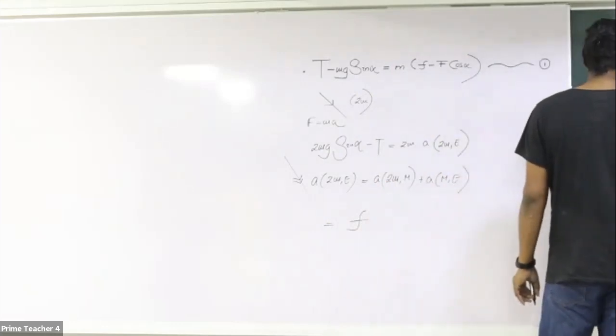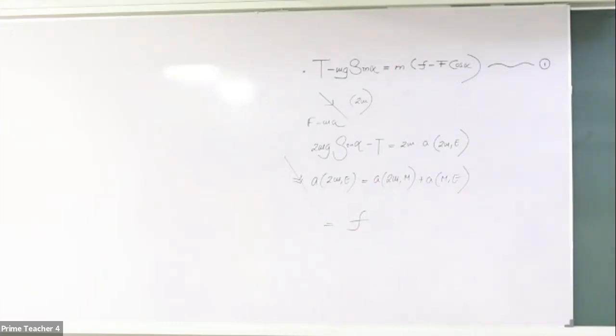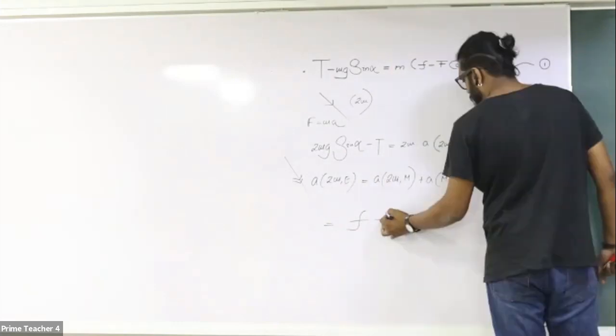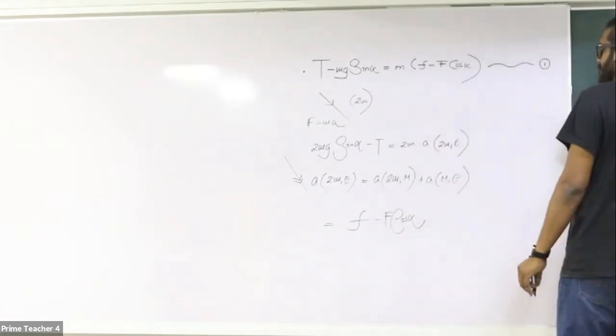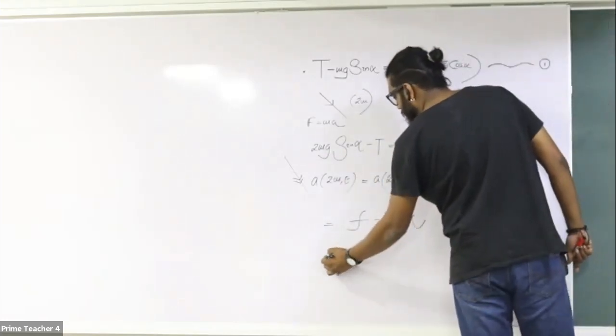And talking about this guy, once again you have this obligation. In this particular direction, if we take a component, it will be negative, right? So it will be minus f cos alpha, right?